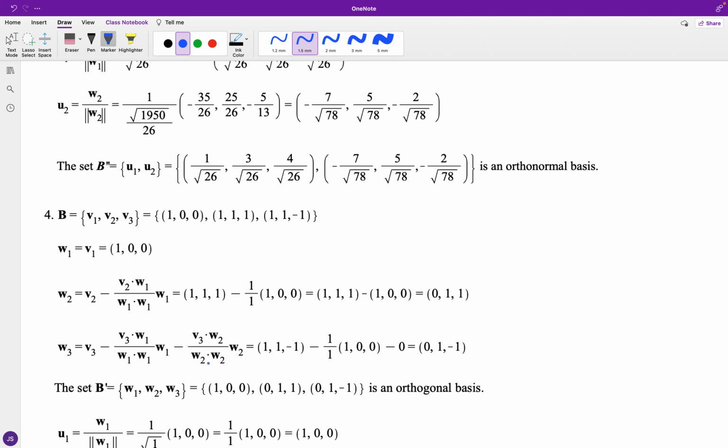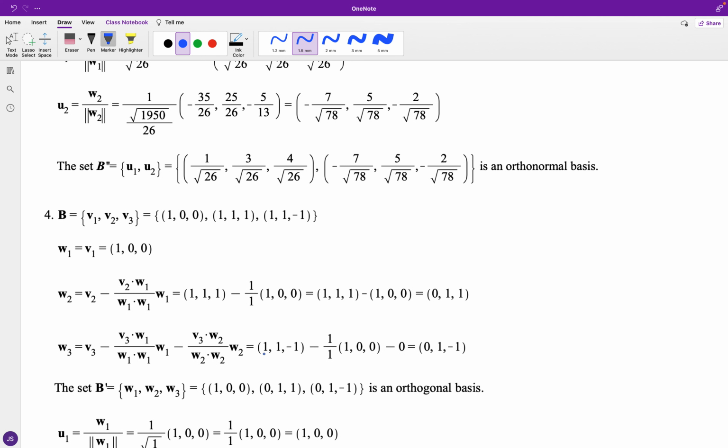And we have minus the dot product of V sub 3 and W sub 2. And what's going to happen here is that for V sub 3, you have 1 times 0, plus 1, plus negative 1, and that's going to go to 0. So the dot product between V sub 3 and W sub 2 is automatically 0.